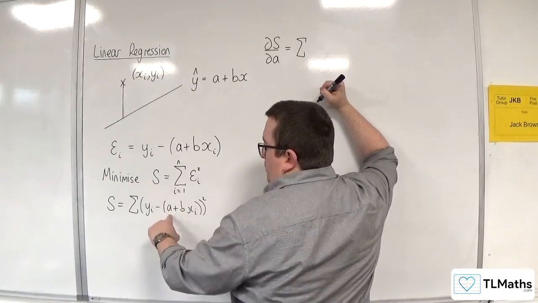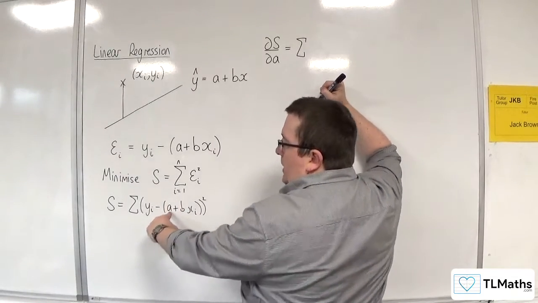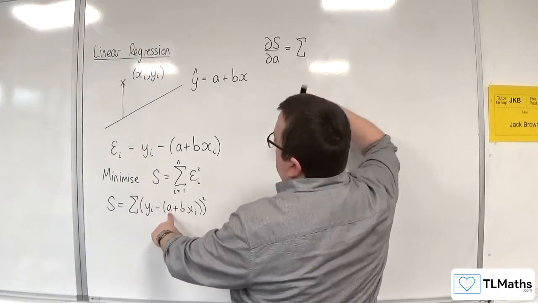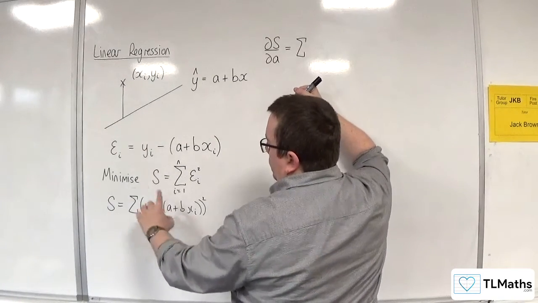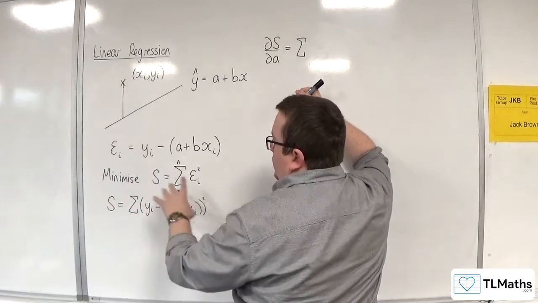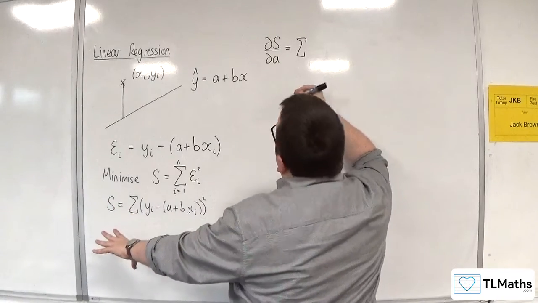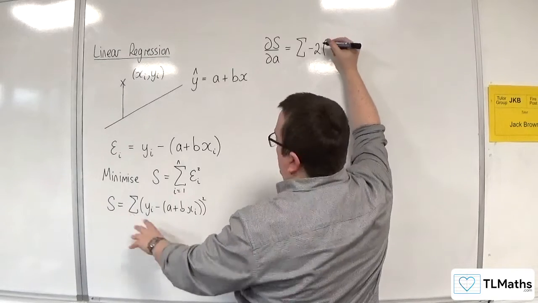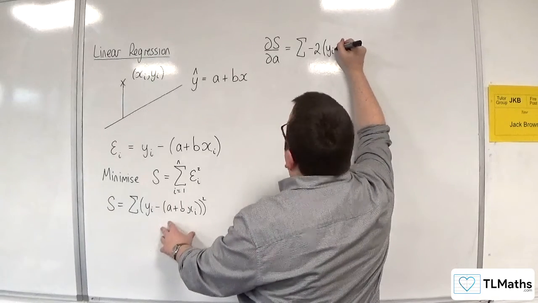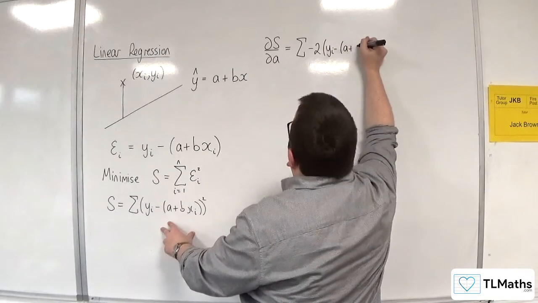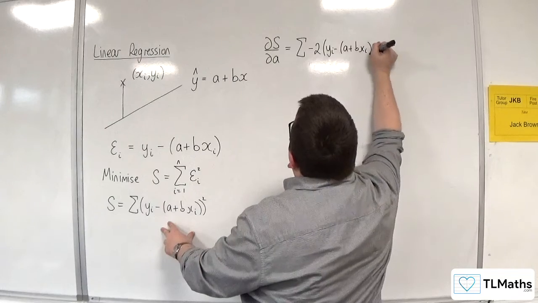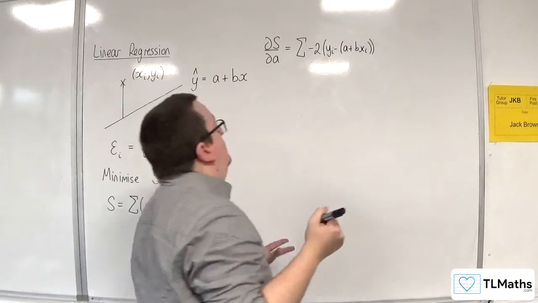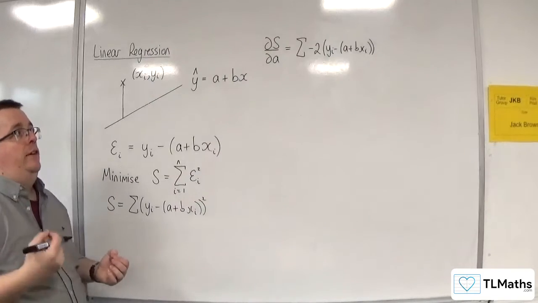So the only variable is the minus a, and minus a differentiated with respect to a is just minus 1. So minus 1 is going to come outside, and the 2 comes down to the front as well. So we're going to get minus 1 times 2, so minus 2, and we've got the yi take away a plus bxi, like so. And we drop 1 from the power.